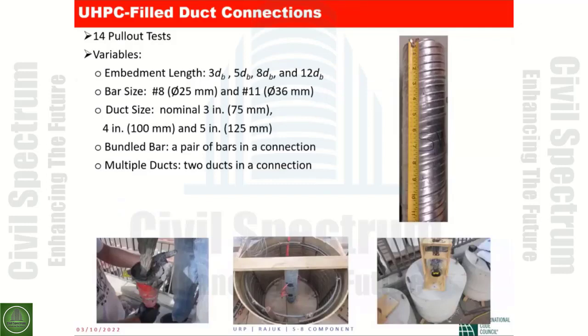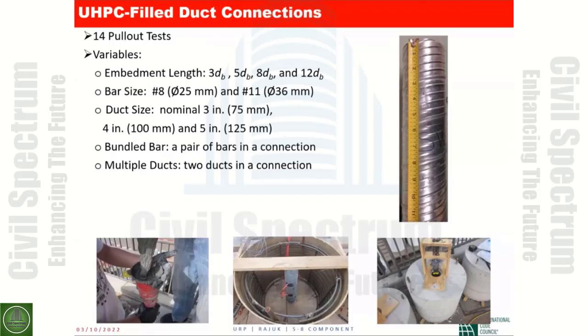Here you notice that we had 14 specimens that were tested. We had a variety of parameters that we played with, including the embedment length and the bar size. We used 25 millimeter bars as well as 36 millimeter bars. Also, we played with the duct size, using 75, 100, or 125 millimeter ducts.